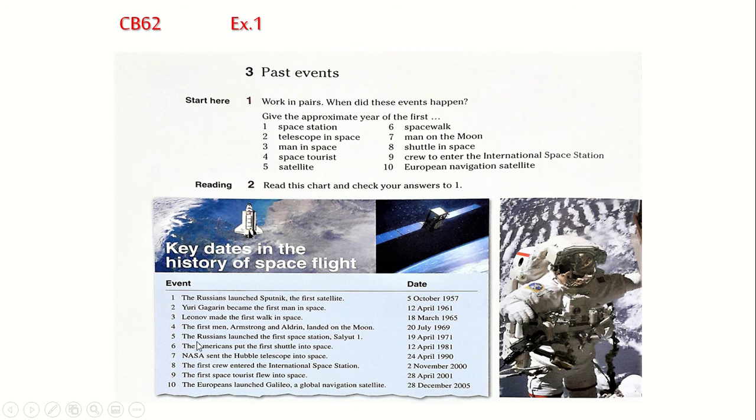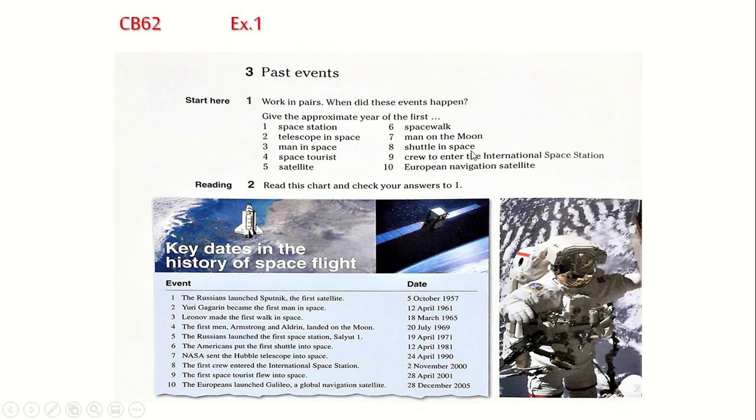Number 5, the Russians launched the first space station, Salyut 1, 1971. So this goes to number 1. Number 6, the Americans put the first shuttle into space. So this happened in 1981, and this date should go to number 8.